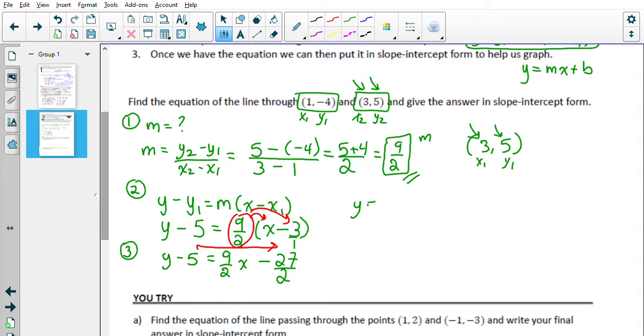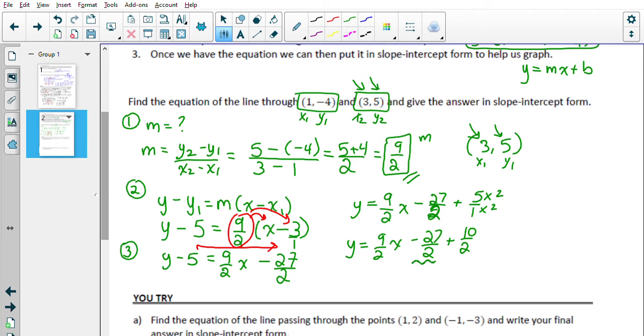I'll write it up here. You have y equals now. You still have the 9 over 2 x. You still have the minus 27 over 2, almost wrote over 5, over 2. And then you put plus 5. That 5 is 5 over 1. You have to make a same denominator here, so you multiply it by 2. So now we get 9 over 2 x minus 27 over 2 plus 10 over 2.